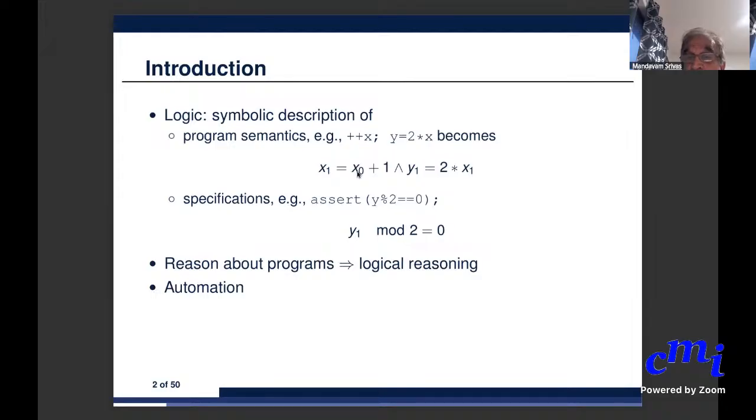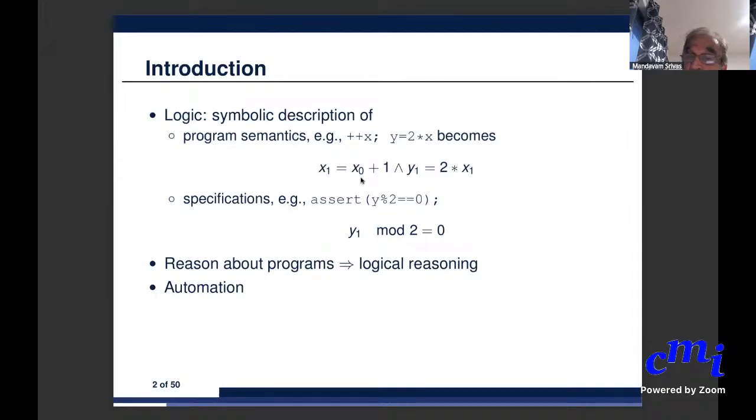For example, x naught and y naught denote the values of x and y at the start of the program, the entry point, and the indexed variables denote the values of the variables after every instruction.